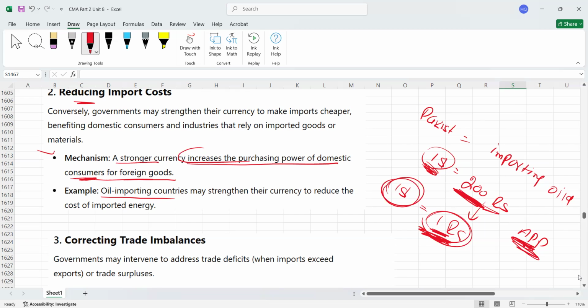What I told you first: if you want to reduce the cost of imports, you have to appreciate your currency. And if you want to increase your exports, you should depreciate the currency. So these are the two points I told you, okay?